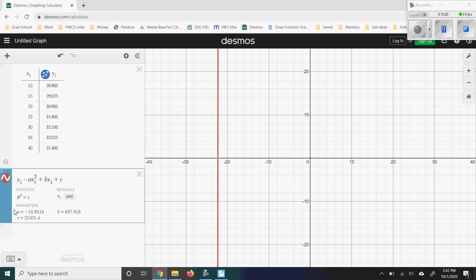So here we see our parameters, a, b, and c.